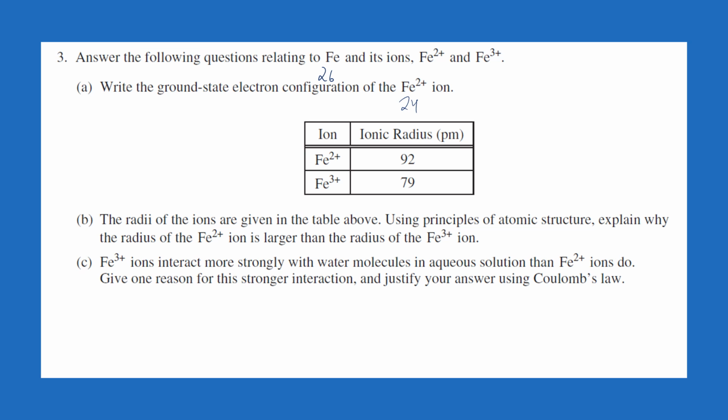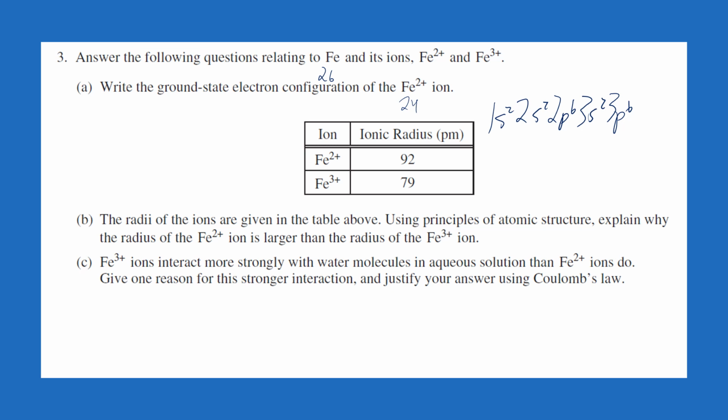So we start at 1s, so 1s2, 2s2, 2p6, 3s2, 3p6. And then because it's losing those 2 electrons and it's a transition metal, it's likely to steal the electrons from the 4s sublevel to keep its 3d sublevel half full.